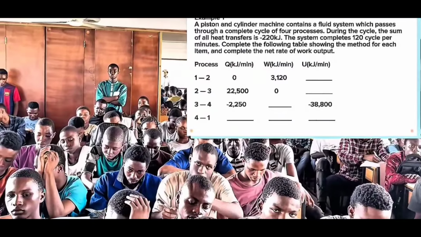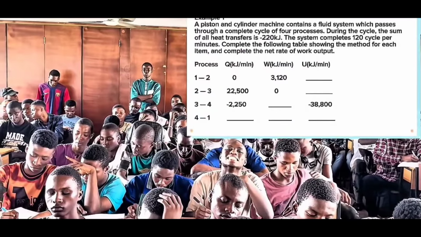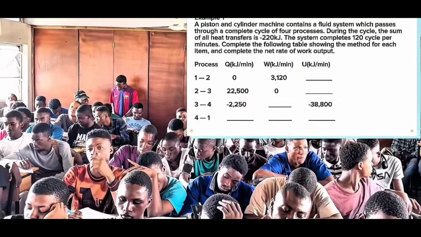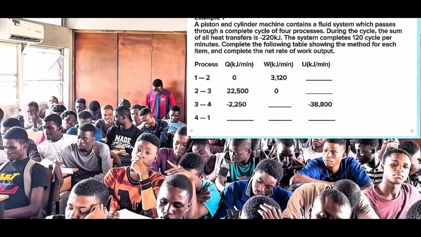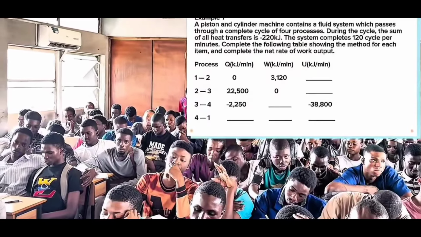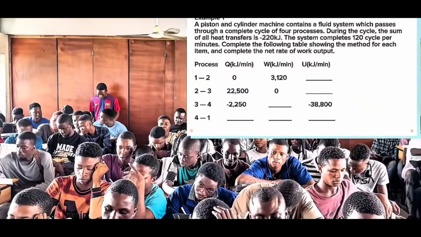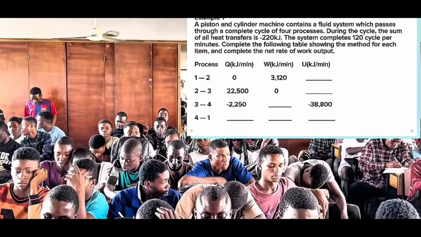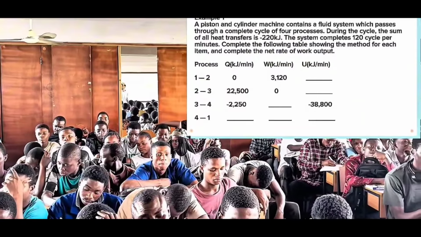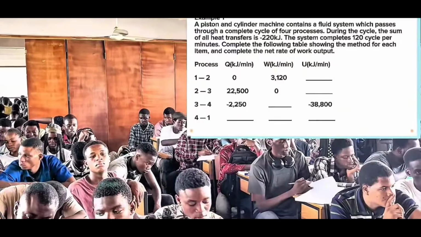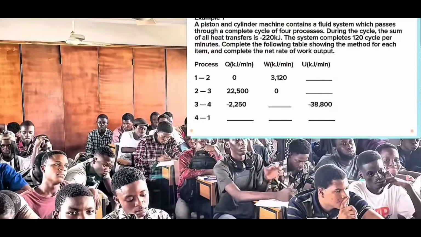A piston and cylinder machine contains a fluid system which passes through a complete cycle of 4 processes. During the cycle, the sum of all heat transfer is minus 220 kilojoules.